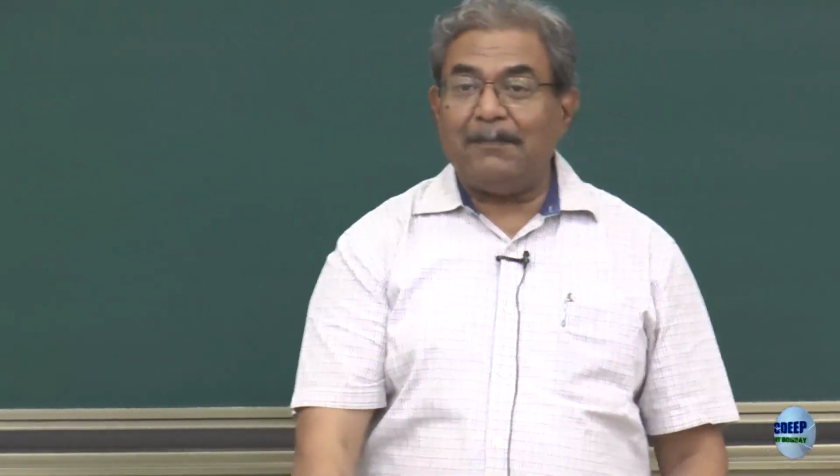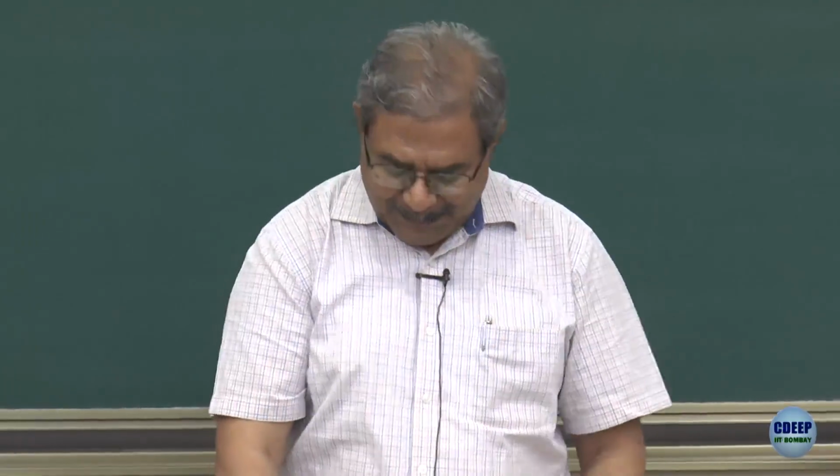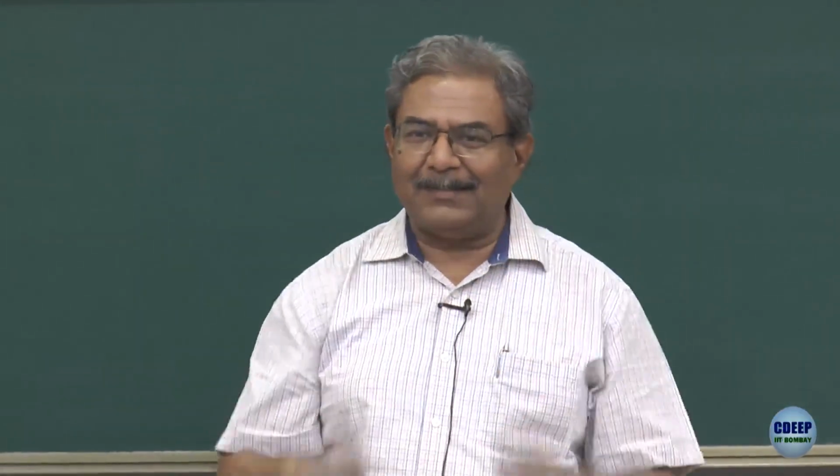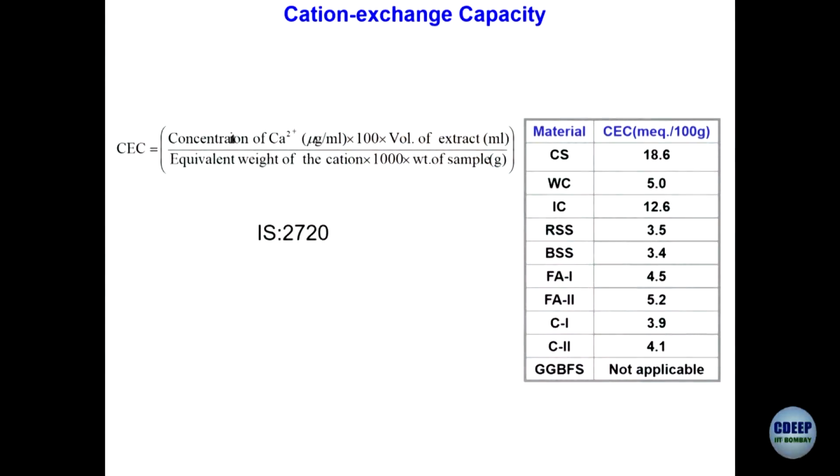So, just for academic interest, let me bring you back to the classroom. Look at this table where I have shown you the cation exchange capacities of different geomaterials. My intention is just to show you, the units of cation exchange capacity are in milliequivalents per 100 grams. There is an IS code also on that.